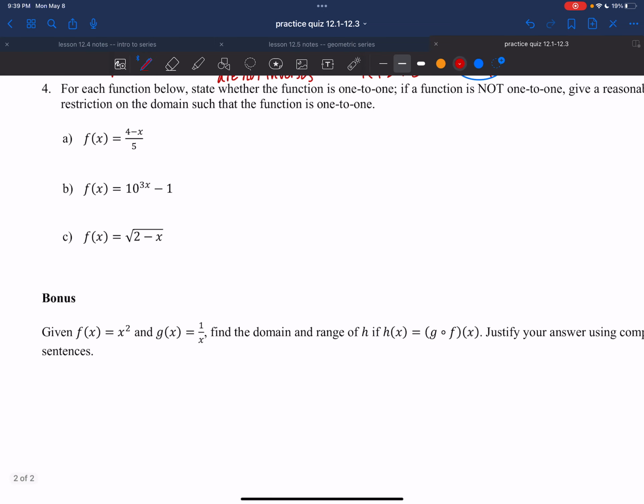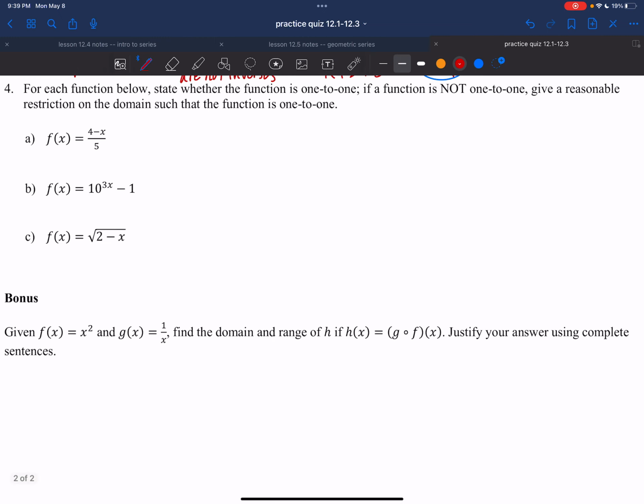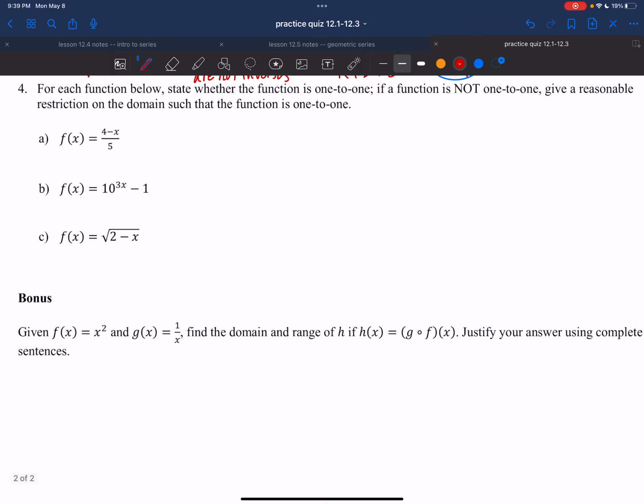Okay. Last one here. For the function below, state whether the function is 1-to-1. If it's not 1-to-1, give a reasonable restriction on the domain such that the function is 1-to-1. So look at the first one. This is linear. So yes, it is 1-to-1. You say, how do you know that so immediately? Hey, guess what linear is?